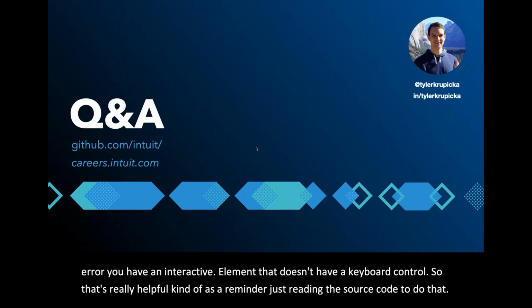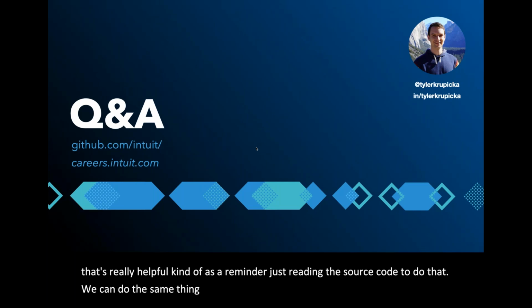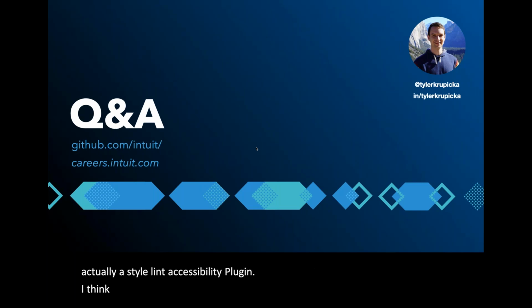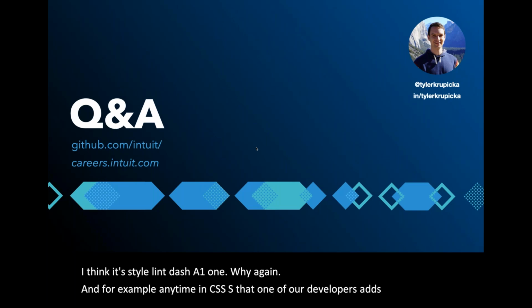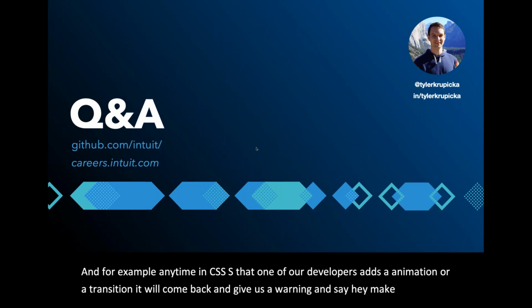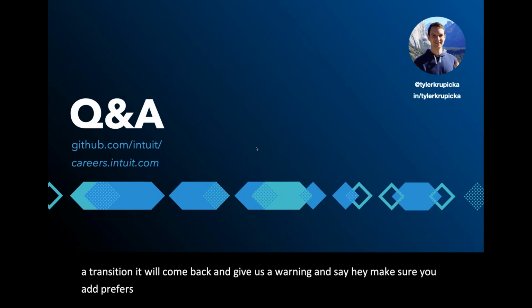That's really helpful as a reminder, just reading the source code to do that. And we can do the same thing for some of our styles as well. There's actually a StyleLint accessibility plugin, I think it's StyleLint-A11Y. Anytime in CSS one of our developers adds an animation or a transition, it will give us a warning and say, make sure you add prefers reduced motion support for this.